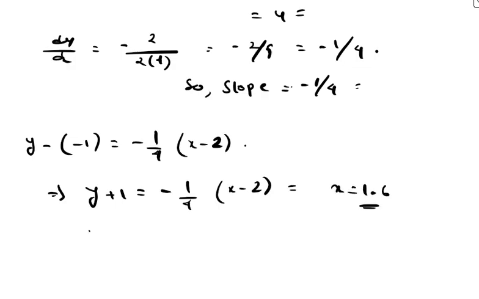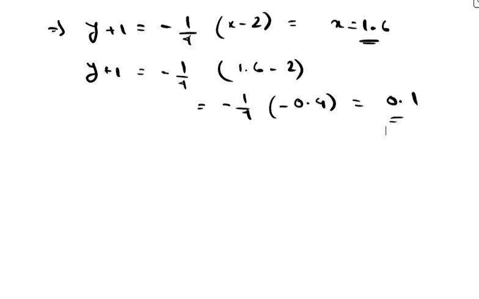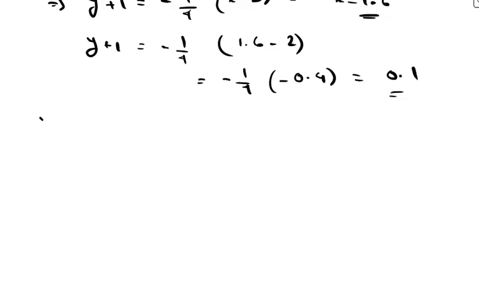So y plus 1 is equal to minus 1 by 4 into (1.6 minus 2), that is minus 1 by 4 into minus 0.4, that is 0.1. So y is equal to 0.1 minus 1, that is minus 0.9. So the approximate y coordinate is minus 0.9.